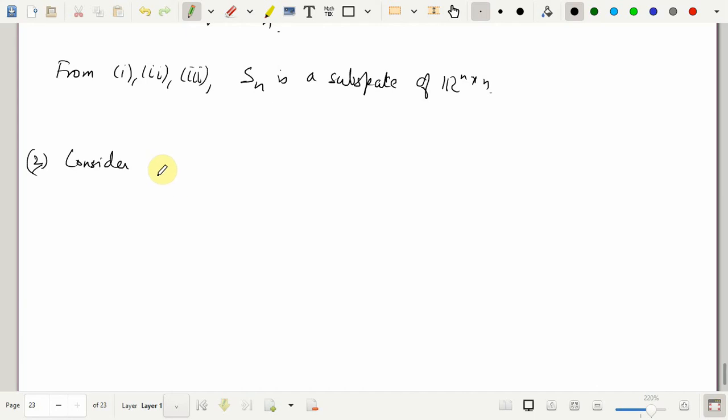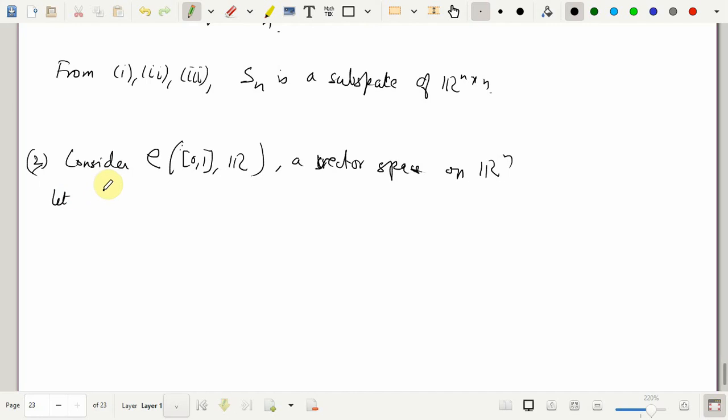In fact, it can be considered as a subspace of the set of all functions defined on R. Okay, so here I'll consider the space C of 0, 1, the set of all continuous functions defined on the interval 0, 1, a vector space on R with the usual addition and scalar multiplication.